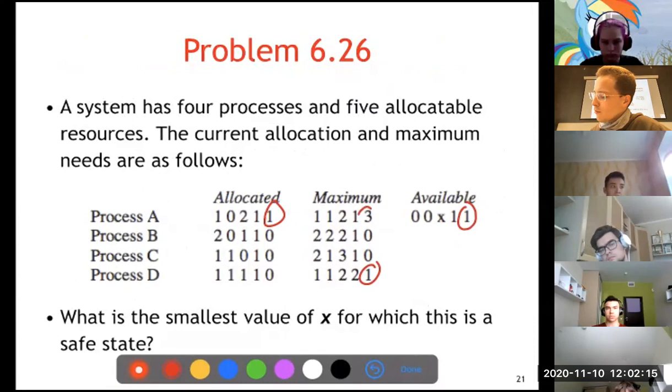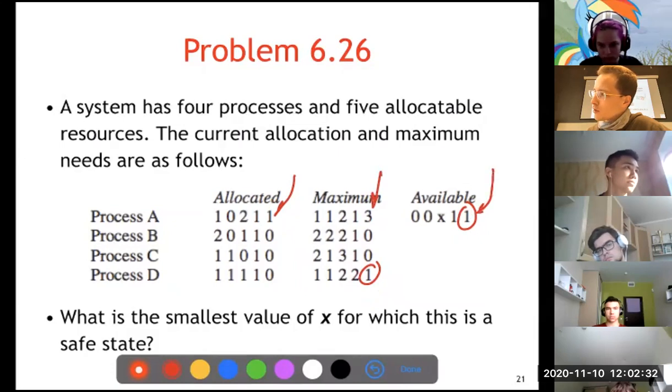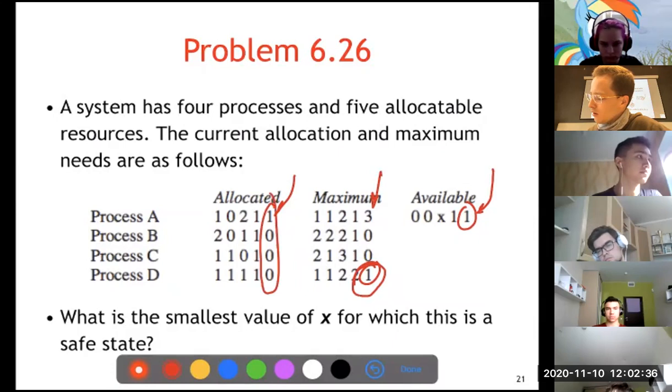So it needs a maximum of 3. It already has 1. The other process has 1. It is available 1. Once again, it needs 3. It already has 1. There is 1 free resource available, and 1 is held here. Why is it holding? It's not holding, sorry.